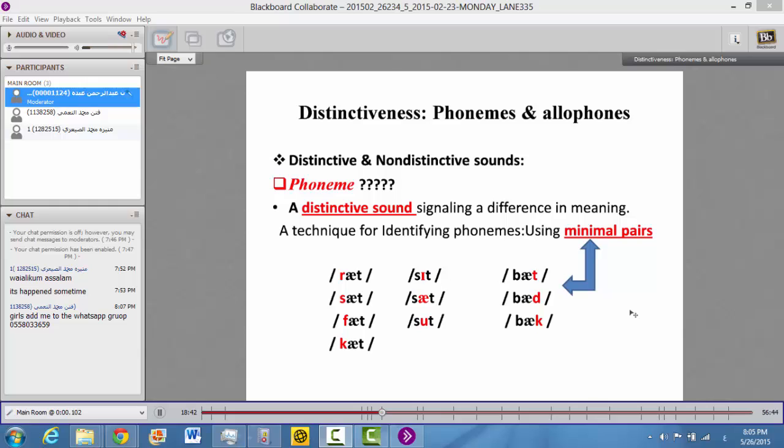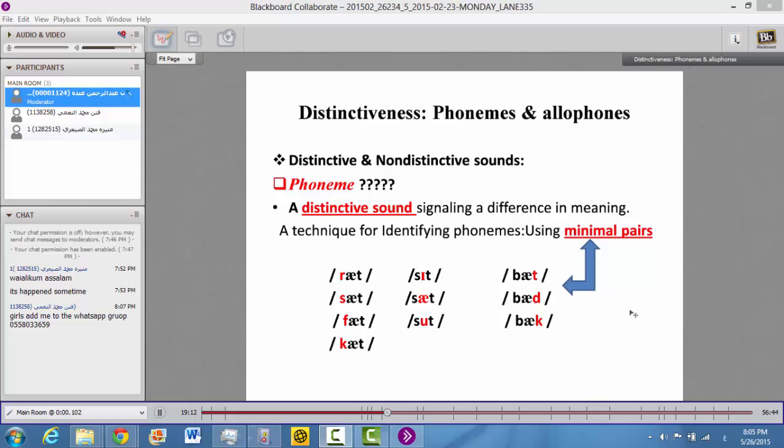We're going to start now with the concept of distinctiveness through talking about phonemes and allophones. You came across this in phonetics. You took what a phoneme is and what an allophone is.